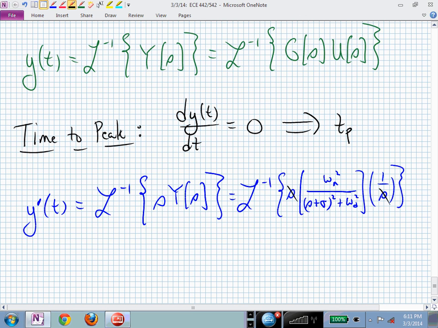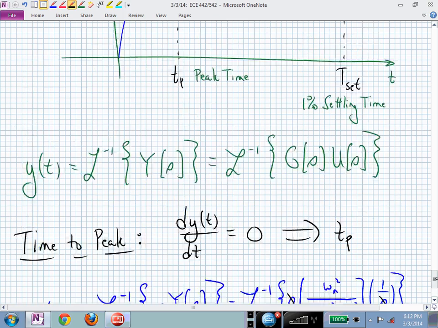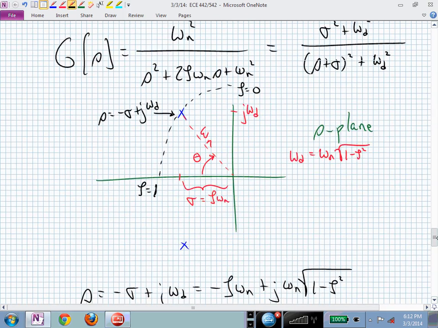And do you remember what's going to happen when I inverse Laplace transform this s domain transfer function? Where are my poles? Come on, my memory's not that bad, Dr. Tharp. You just told me where they were, right? They're complex in general.